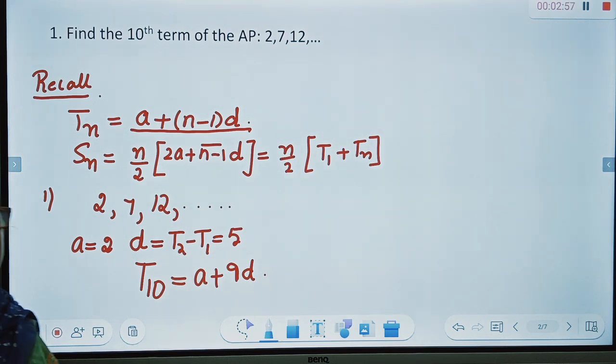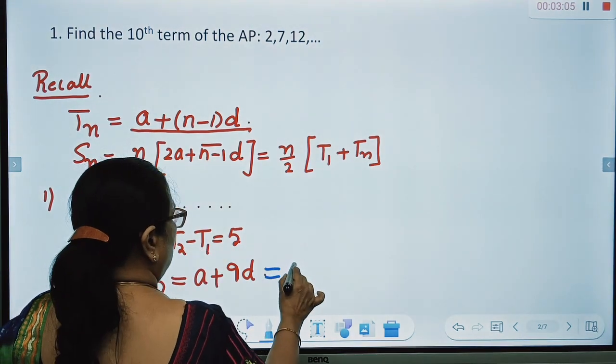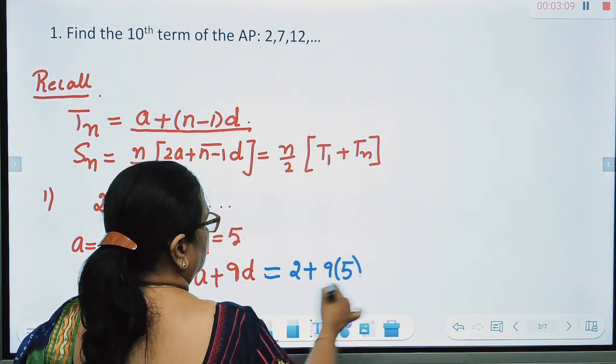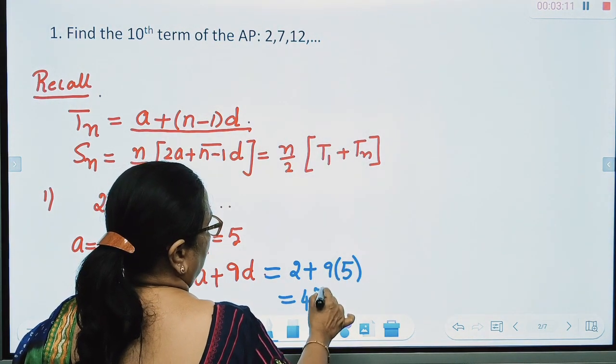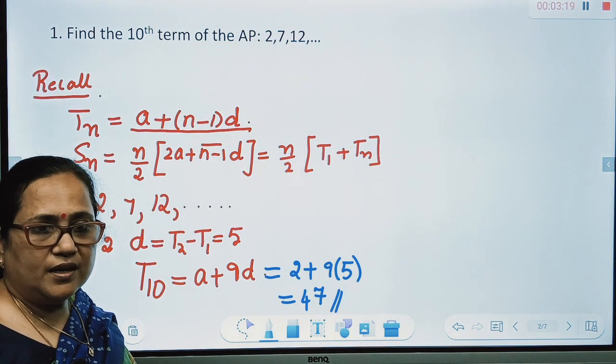What will be the 80th term? A plus 79d. So this will be, a we know is 2, plus 9 into 5, which is 47. So the 10th term of the AP is 47. Is it clear?